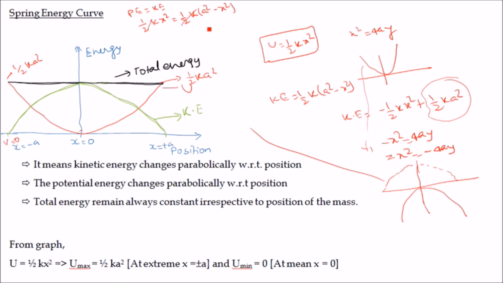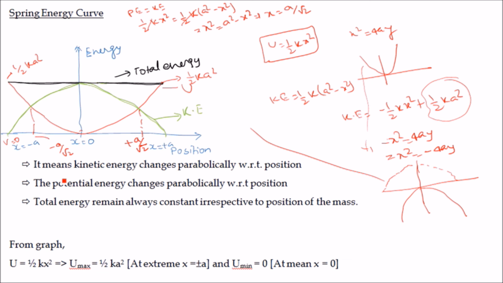If you solve it, you get x square is equal to A square minus x square, and from there you get x is equal to a by root 2. So these points are x is equal to plus a by root 2, and this point is x is equal to minus a by root 2. So at x is equal to plus minus a by root 2, kinetic energy and potential energy are equal.